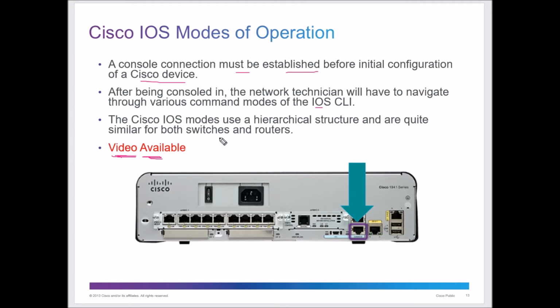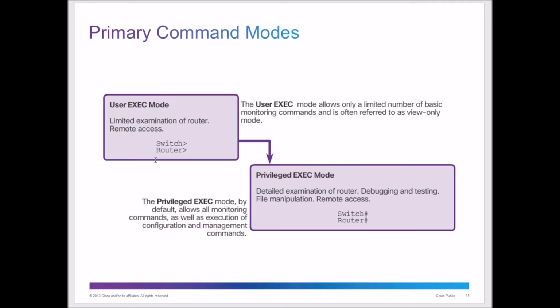And depending upon where you are, there's going to be a different hierarchy in there, and they're similar for both switches and routers. So that's the good thing. Once you learn how to move around inside the hierarchy, inside of a switch or inside of a router, they're going to be similar on how you move through. And what I mean by hierarchy is when you first log in, you're going to have access to the user exec mode.